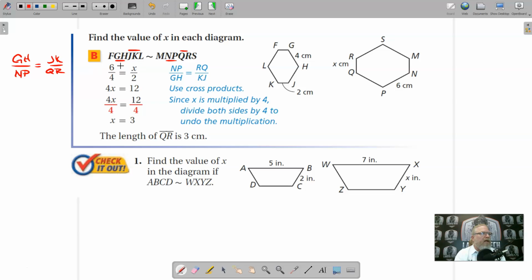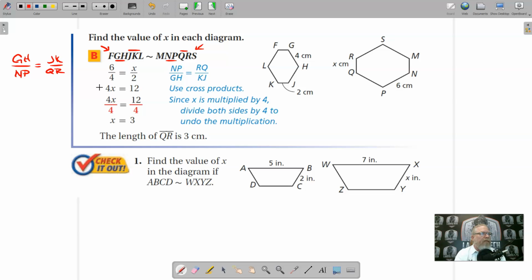And notice that both my numerators come from the first figure, and both my denominators come from the second figure. So GH is, and notice they do it backwards on this one.